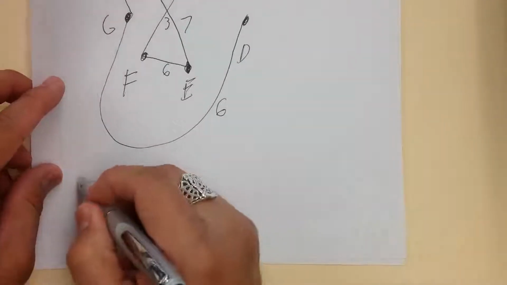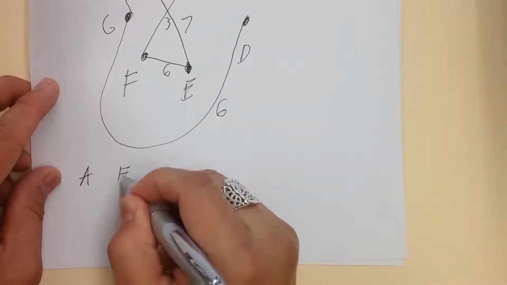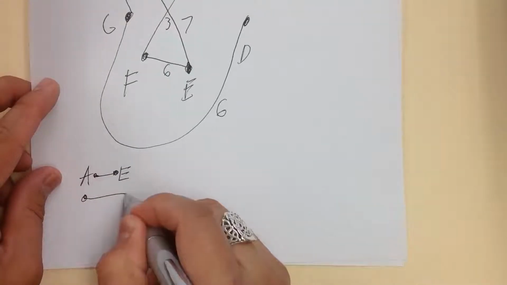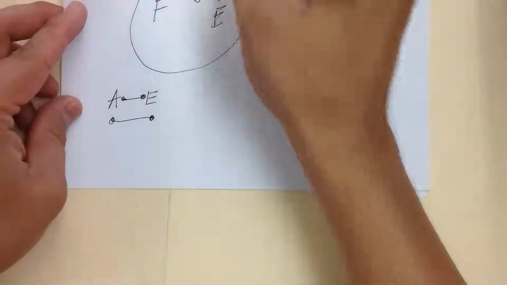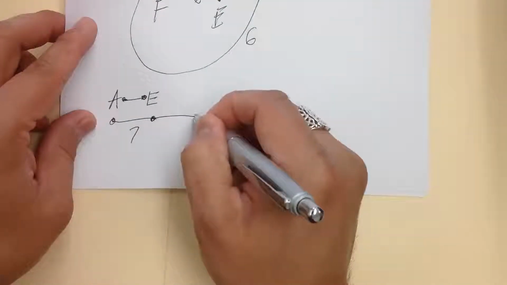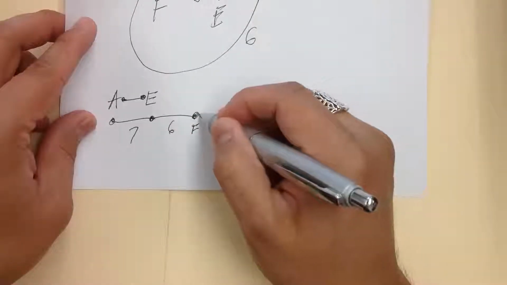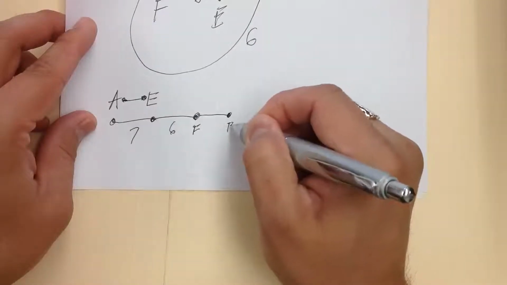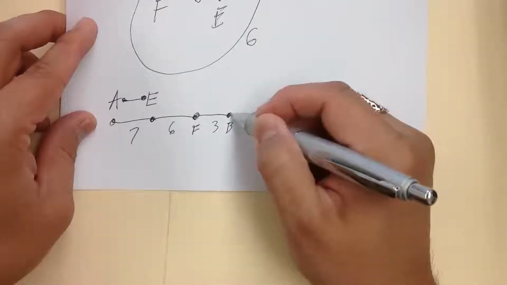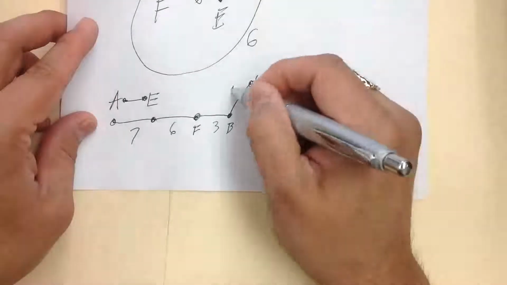So let's see. If I were to connect everything, A to E is 7. E to F is 6. F to B is a 3. B to C is 4.